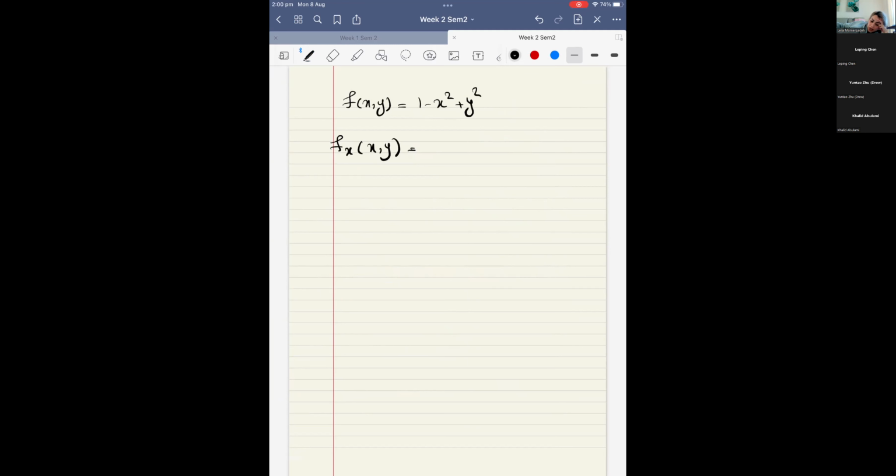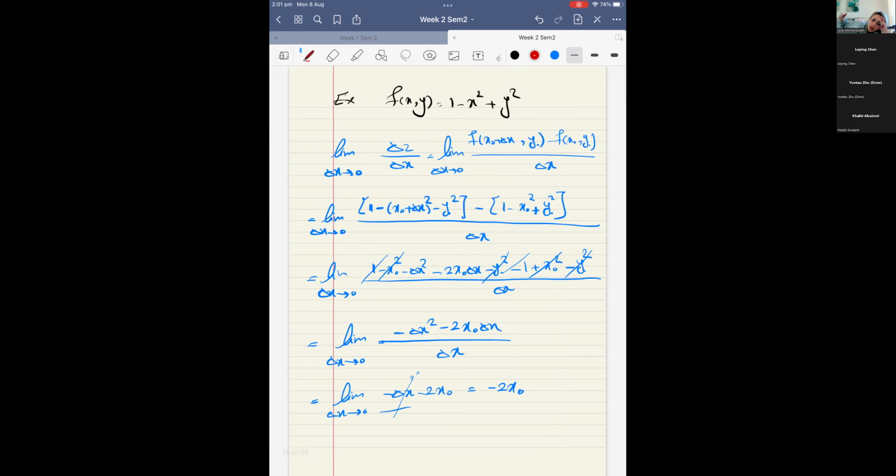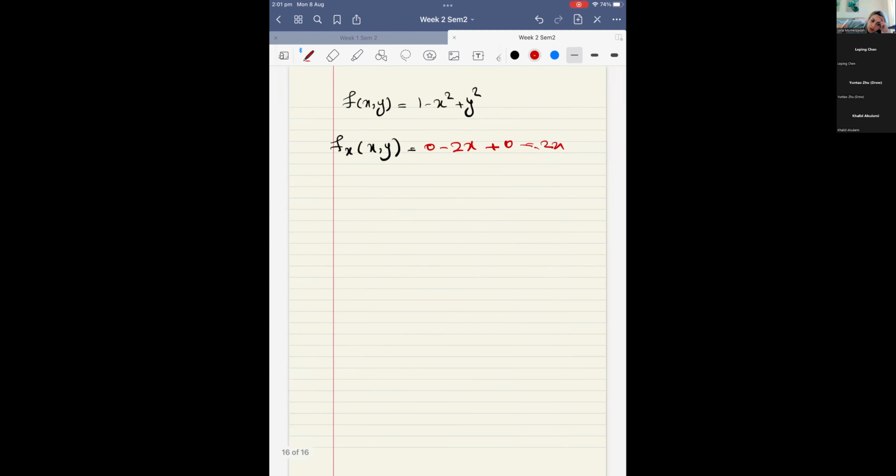That means you can differentiate just with respect to x. Now y is like a constant number, okay? The derivative of a constant number is 0. Am I right? Okay. It's 0 minus 2x plus 0, because y is again a constant number. It is minus 2x. You can do it the long way or use this way, okay?